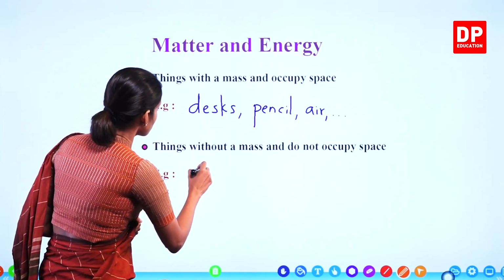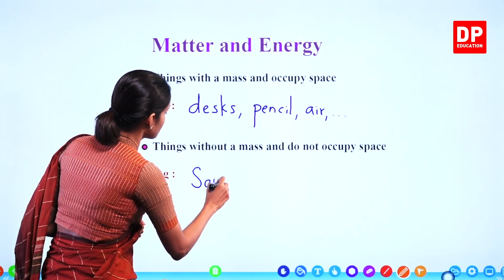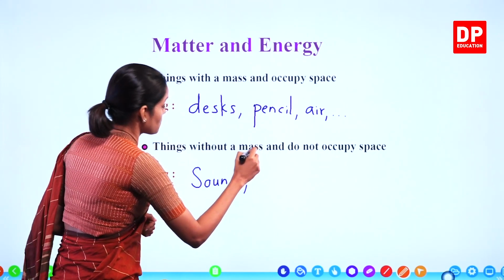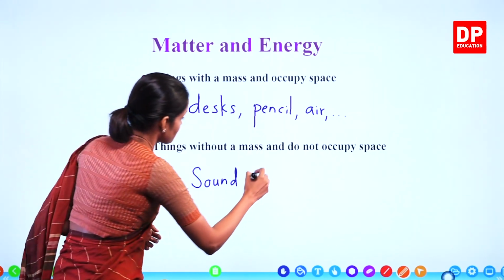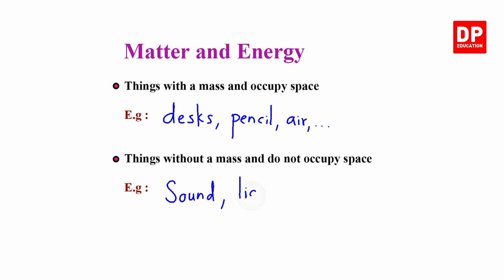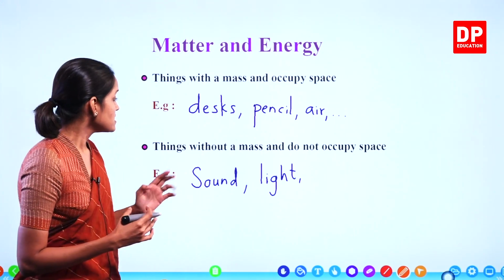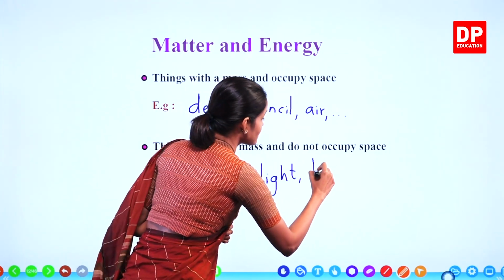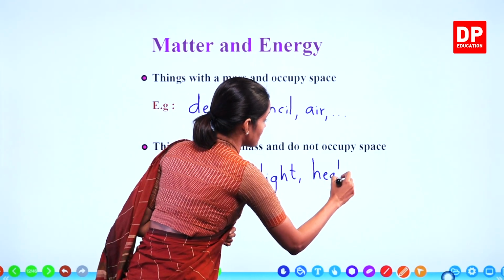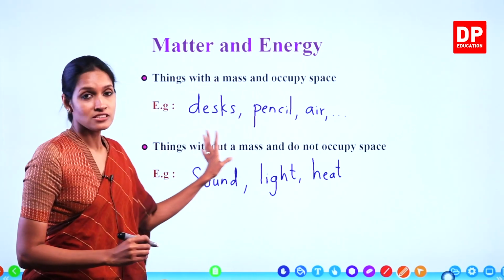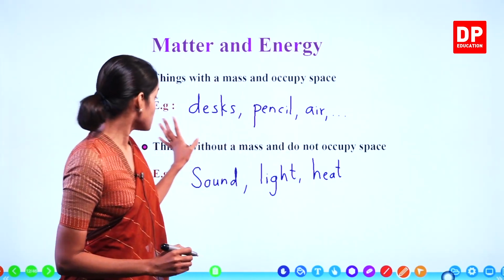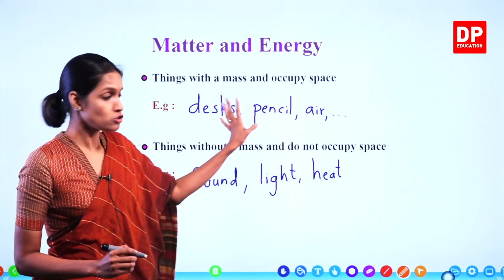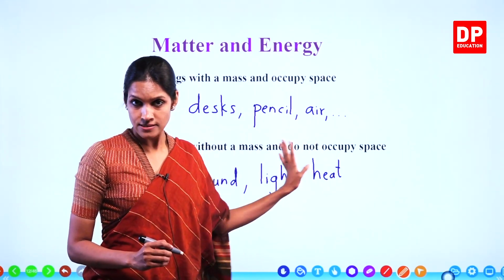We discussed about sound, and when we discussed about light, what else we discussed about? Sound, light, heat, right. So there are other things also coming under things without a mass and do not occupy space.